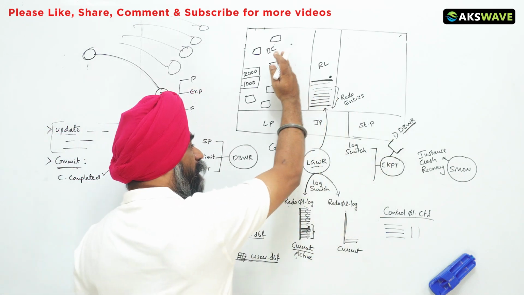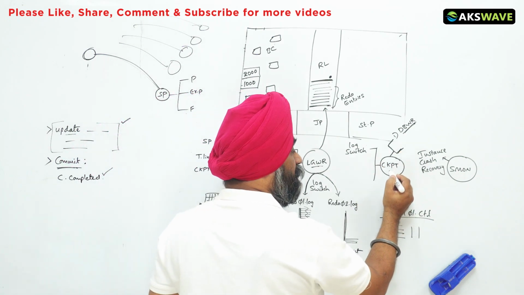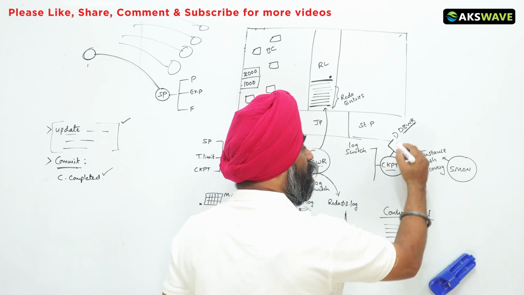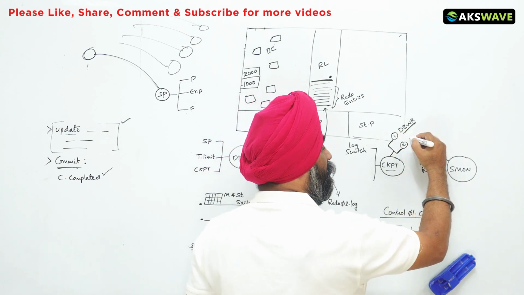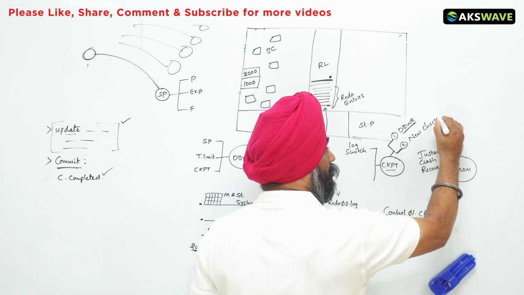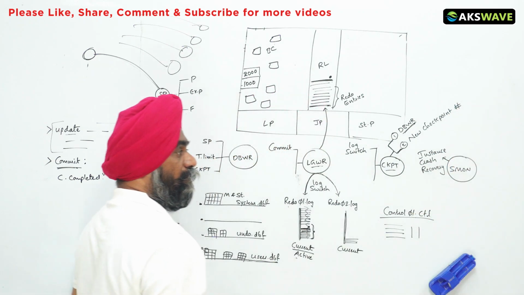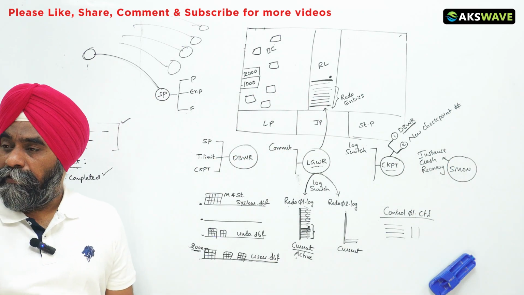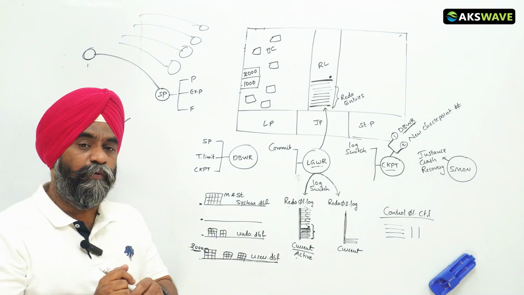Once the DB writer flushes all the changes to the disk, then what will the checkpoint process do? The second job. What is the second? It will generate a new checkpoint number. What is this checkpoint?